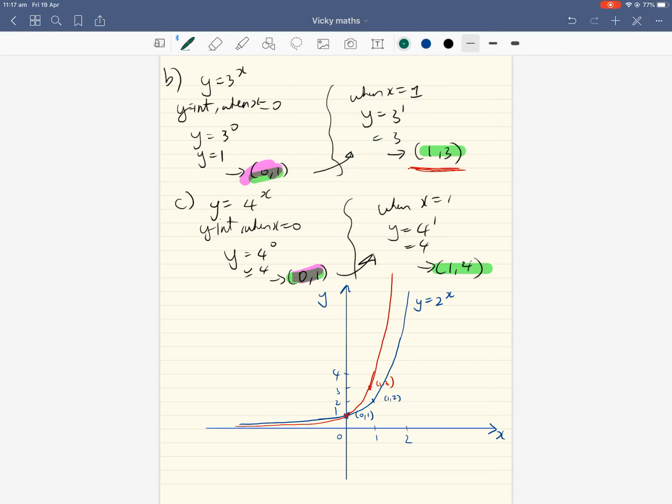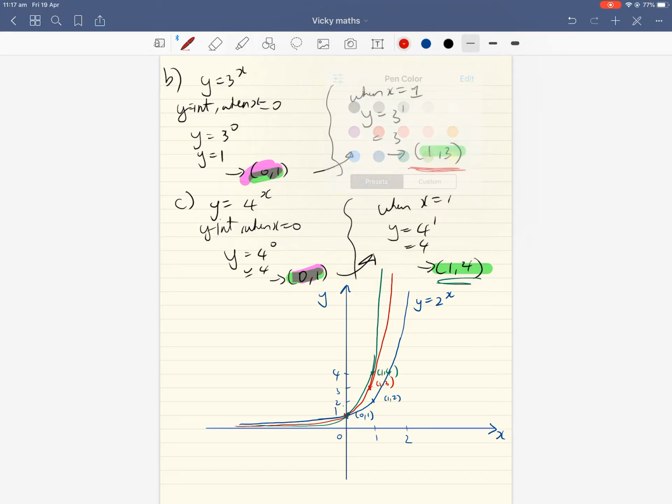And then our last one is (1, 4). So another steep rise, and then getting close to the asymptote but never ever really touching it.